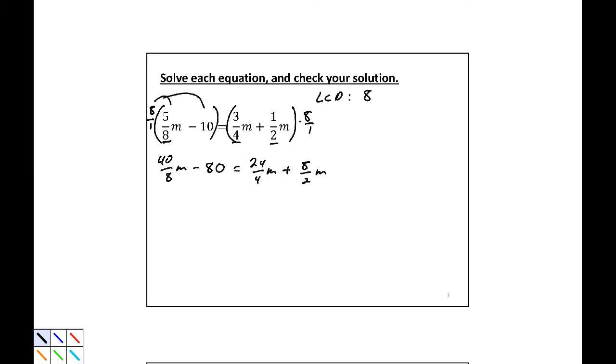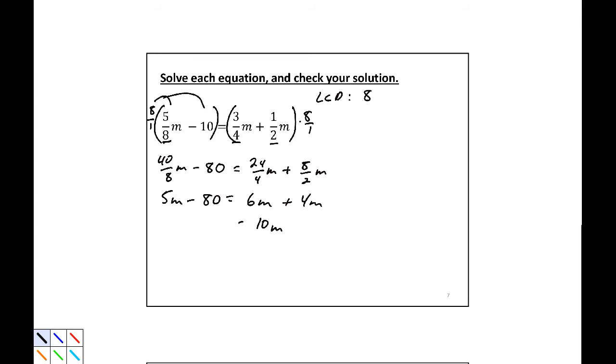Now I can reduce all of my fractions. The first of these will be 5, so that's 5m, 6m, and 4m. 5m minus 80 equals 6m plus 4m. Combining like terms on the right side, that will be 10m.